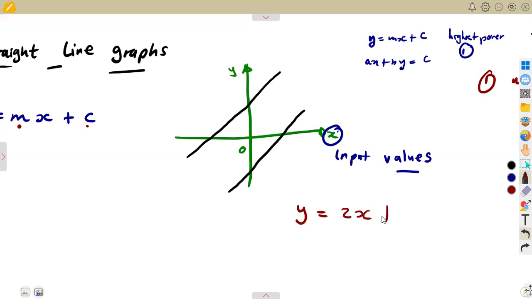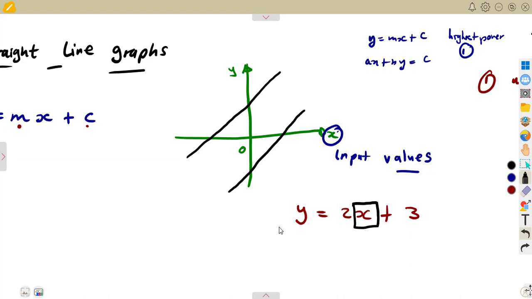You insert the x values, meaning the x values control the y values. x is the input, and the input controls the output. You input a certain value, you output a certain value.